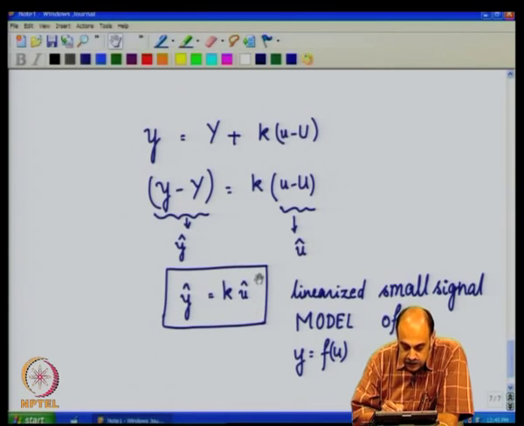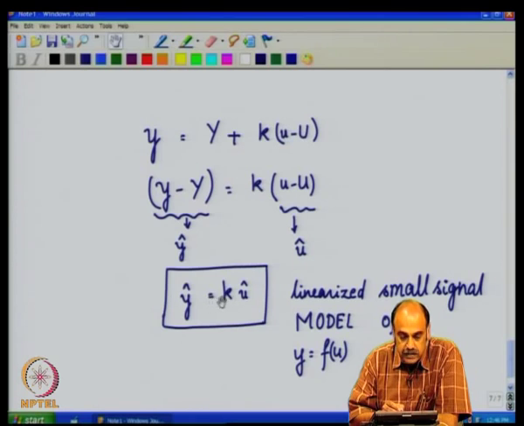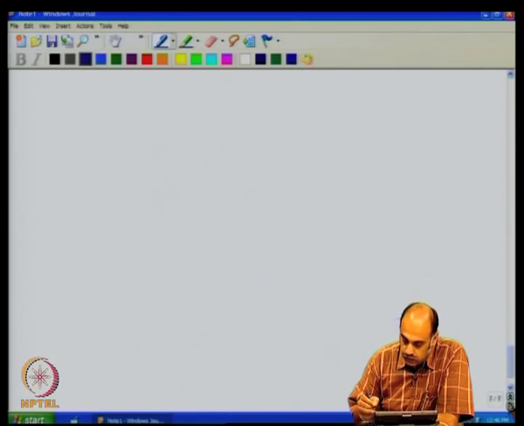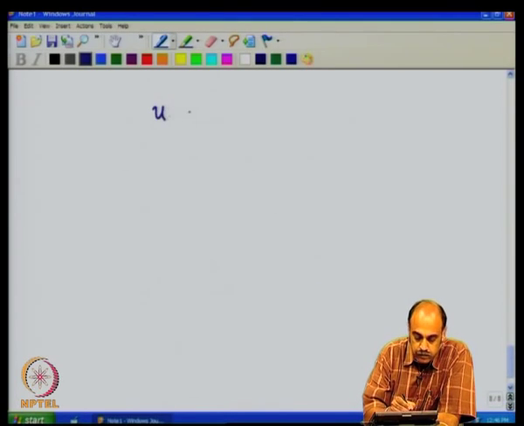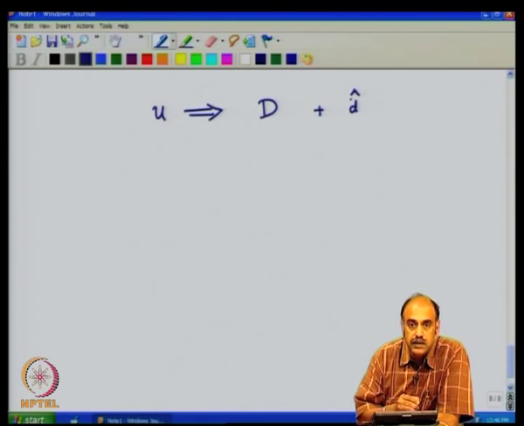Now, it is this small signal model which is used for designing the controller, and the controller handles these deviations, the small signal deviations. The steady state operating point requirement is met separately by a feed forward value. So, for example, in the case of a DC-DC converter, you could say the input u comprises of a steady state value of duty cycle plus a small signal deviation in the duty cycle.